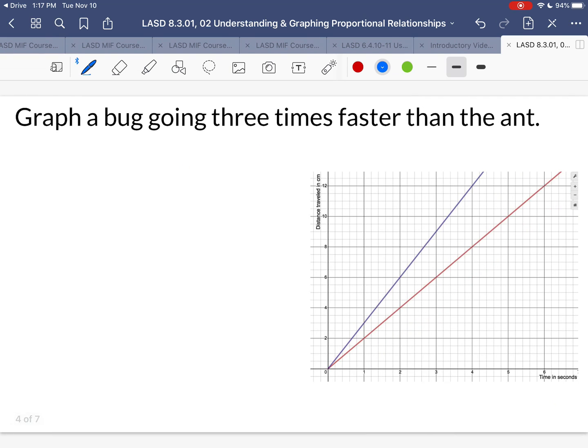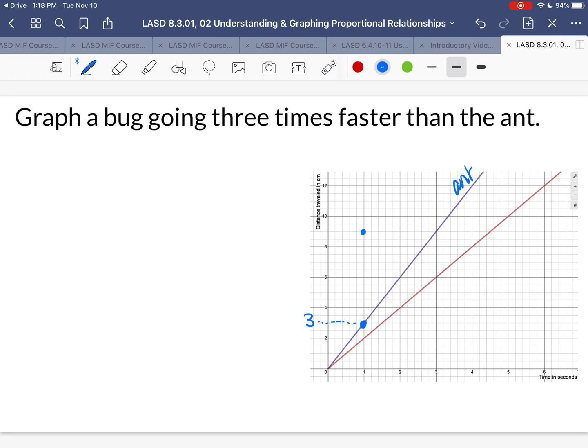Now let's graph a bug going 3 times faster than the ant. So again, this line represents the ant, and at 1 second, the ant has travelled 3 centimetres. So a bug going 3 times faster than that would have travelled 3 times 3, 9 centimetres.